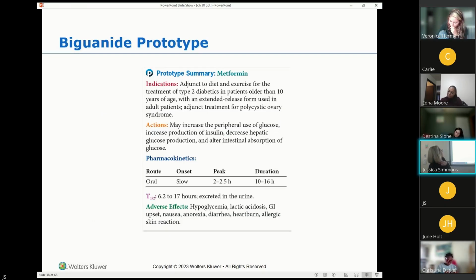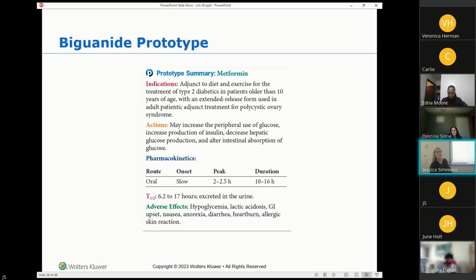Okay, so this is looking closer at metformin. This is adjunct to diet and exercise for the treatment of type 2 diabetes in patients older than 10 years of age. With an extended release form, it's used in adult patients, adjunct treatment for PCOS, polycystic ovarian syndrome. The adverse effects include hypoglycemia, lactic acidosis, GI upset, nausea, anorexia, diarrhea, heartburn, allergic skin reaction.